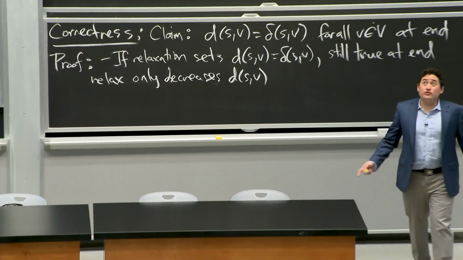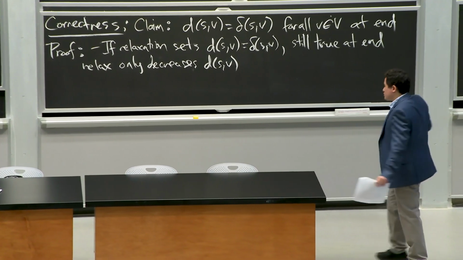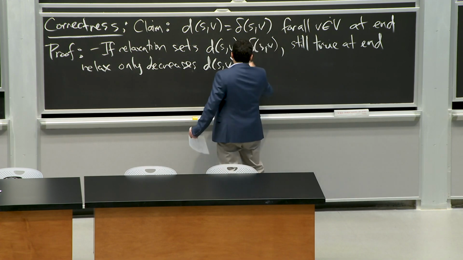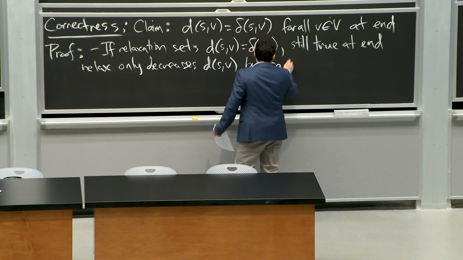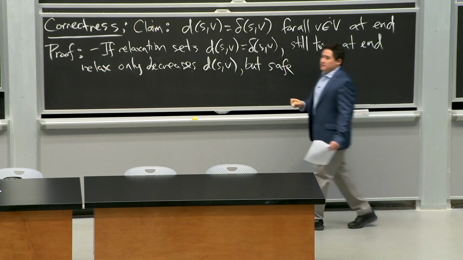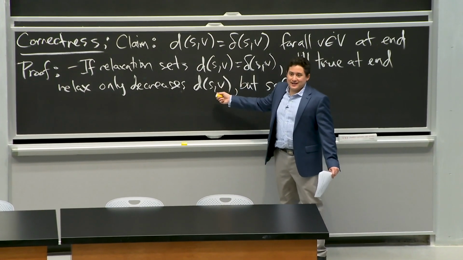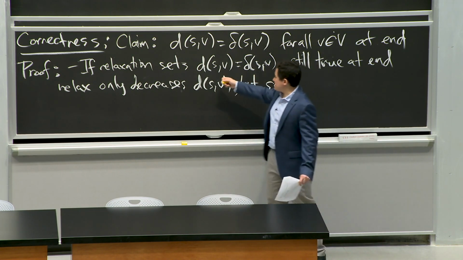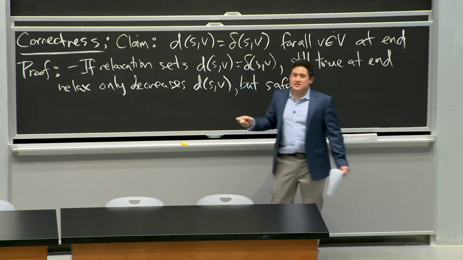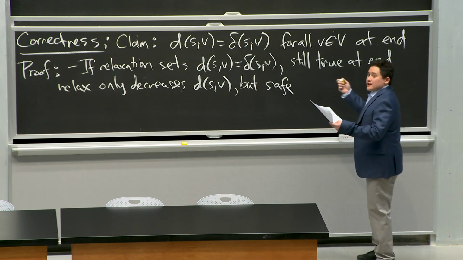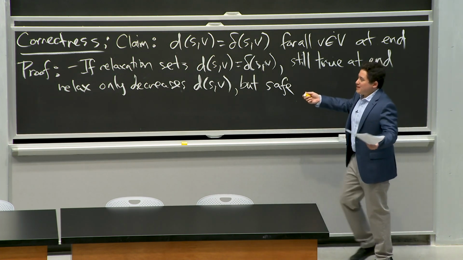But we proved in lecture 11, so two lectures ago, that relaxation is safe. And what did safe mean? Safe means that relaxation will only ever change these distance estimates to be either infinite, right?